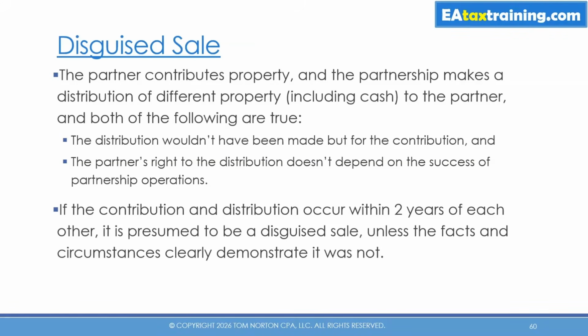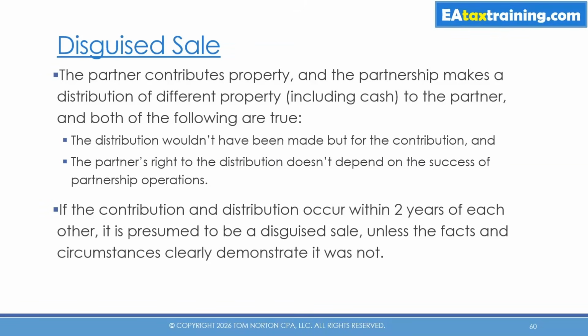And secondly, the partner's right to the distribution does not depend on the success of partnership operations. So usually you're getting distributions from a partnership because the partnership has earned profits, and so you're getting your share of the profits. But if they're giving you this distribution, and it has nothing at all to do with the profits of the partnership, then that's the second condition that's going to say that that is really a disguised sale.